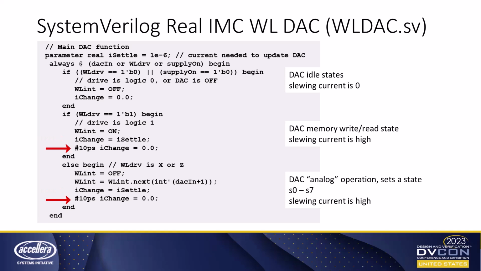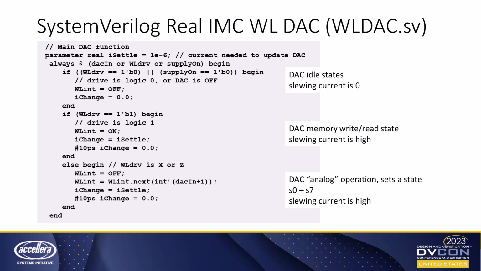That'll happen every time the internal DAC state changes, either to a driven state or to an analog state. Essentially, whenever an input to the DAC changes, we're going to determine whether the DAC is on or off. And if it's called for, we'll have a pulse of change current.